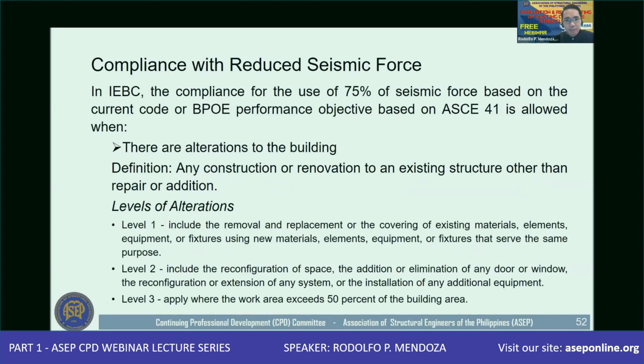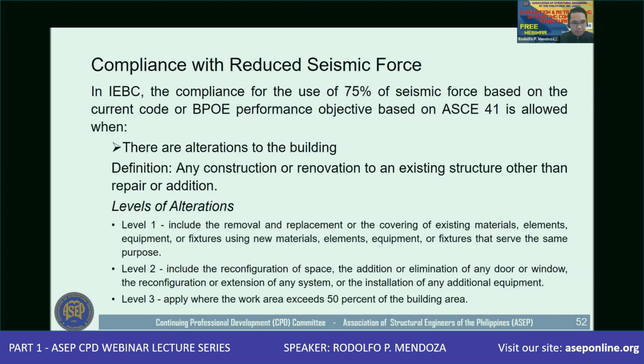Now, you are allowed to use reduced seismic force when there are alterations, but we need to define what we mean by alterations. Well, alteration is any construction or renovation to an existing structure other than repair and addition. And if this is the work that you will perform, you are allowed to use reduced seismic force.